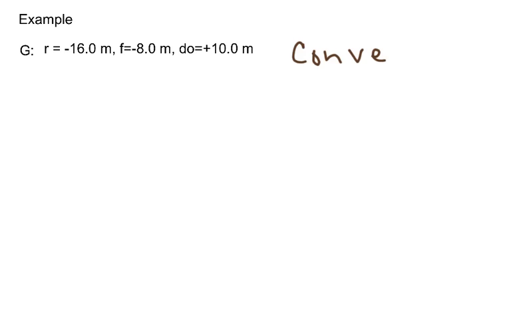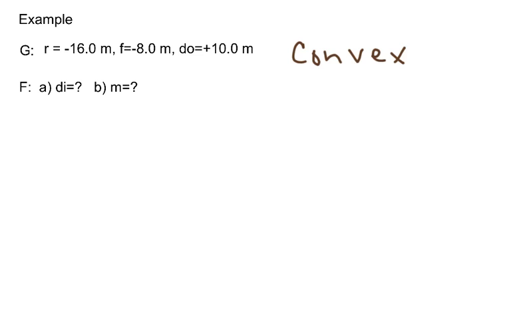All right, let's do an example. Okay, so we have a mirror, and the radius of curvature is negative 16 meters. The focal length, which is half of the radius of curvature, is negative 8 meters. And the object is 10 meters from the mirror, which would be on the left side of the mirror. Notice that my radius of curvature is negative, and my focal length is negative. Therefore, I'm dealing with a convex mirror.